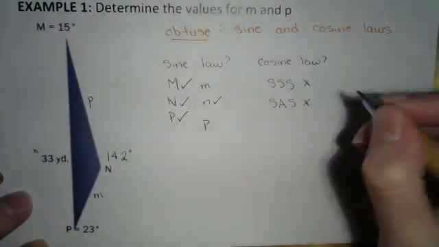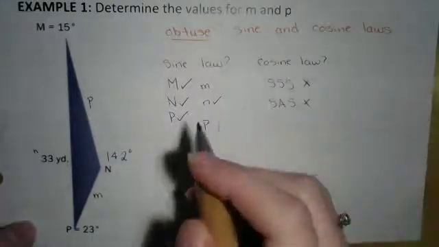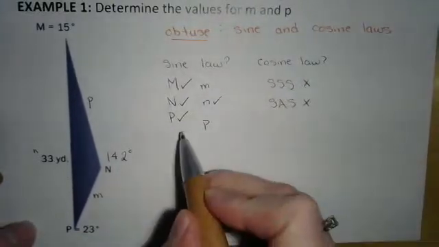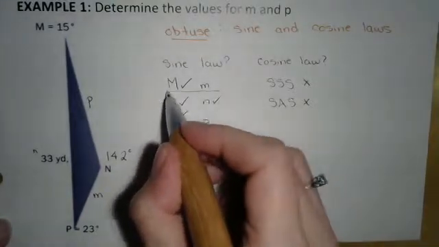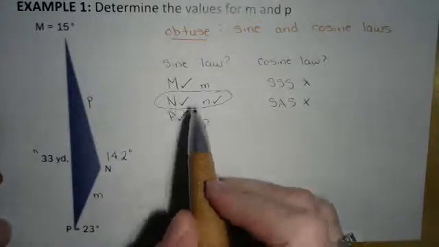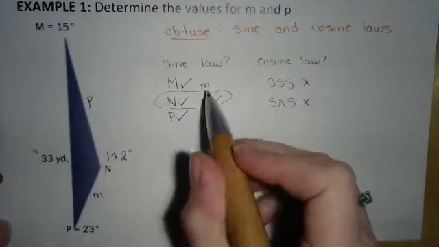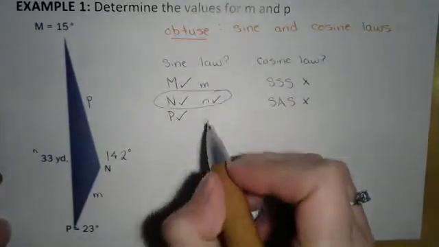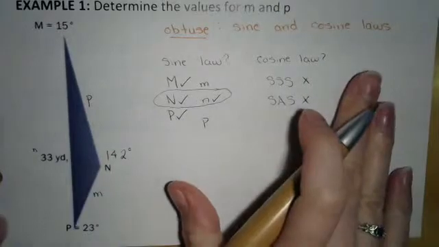No. So we are going to have to use sine law. We can't use cosine law. So for sine law, we know we need at least one pair that goes together, side length and its adjacent angle. And we can use that to find M and P because we have the corresponding angles for them.